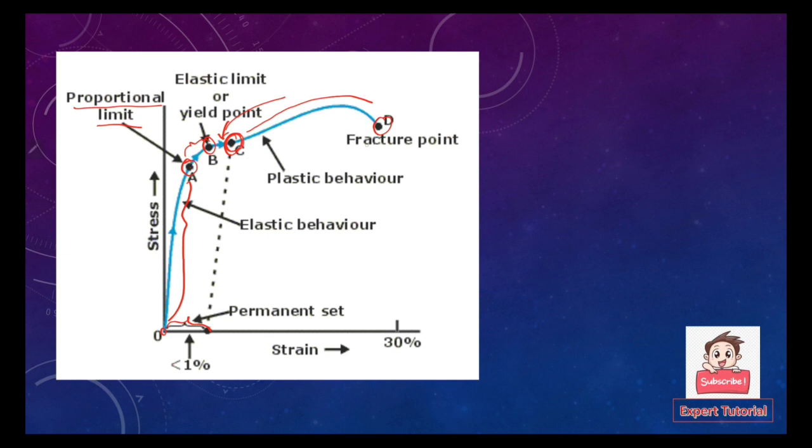Now if we further increase the load, or if we decrease the load after this point, the wire goes on thinning down until it breaks at this point. So the region from C to D is known as the plastic region, where the material shows plastic behavior.